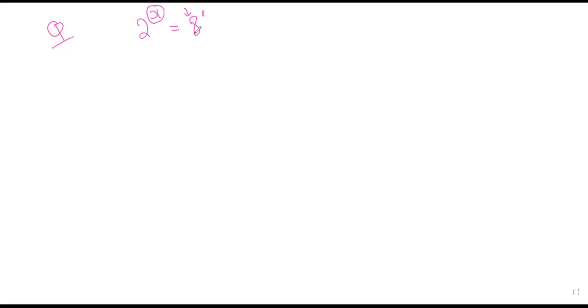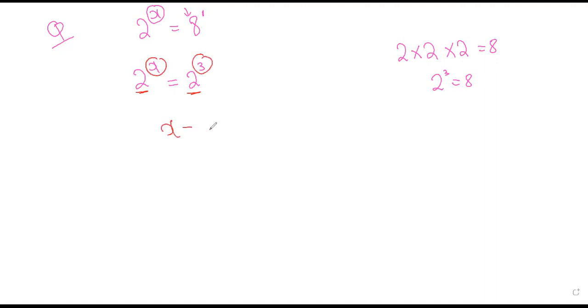But you want the base 2 here. So you know that 2 multiplied by 2 is 4 and that multiplied by 2 is 8, which means that 2 cube equals 8. So you can write this as 2 to the power x equals 2 to the power 3. Now you see that your bases are same. So you can just compare the powers, okay? When two expressions are same and when their bases are same, it means that their powers would also be same. So x would be equal to 3.